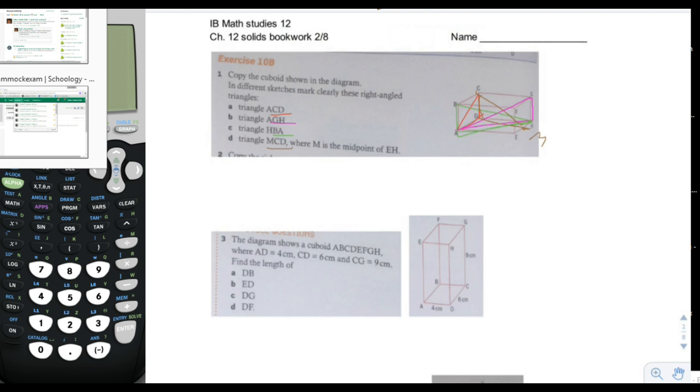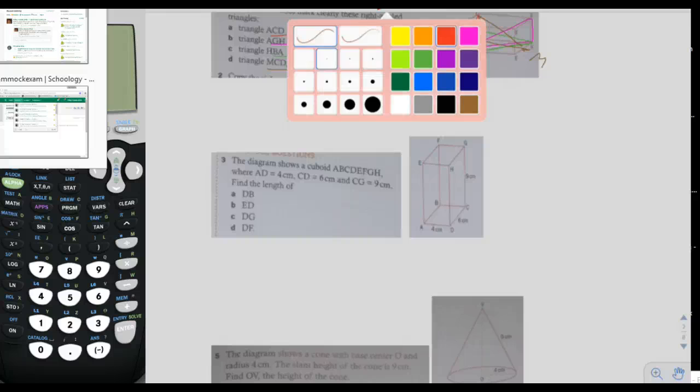3. The diagram shows a cuboid ABCDEFGH, where AD is 4, CD is 6, and CG equals 9, and they've already marked the lengths here for us. Find the length of DB. So DB is that length there. Can we figure that out from the 4, 6, and the 9?